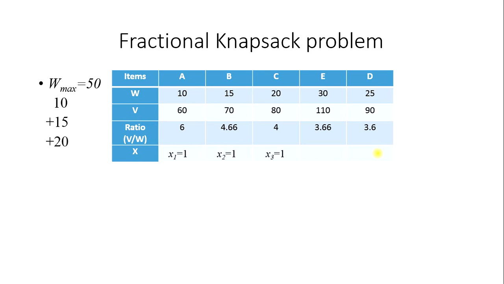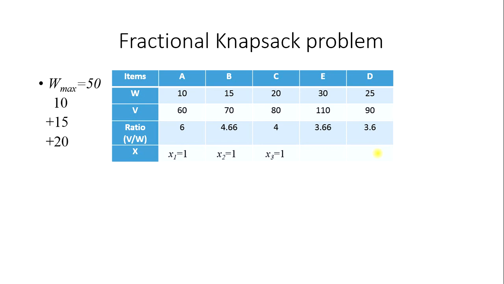Then we come to item E. Item E, 30 kg, can no longer be placed in the bag because the bag is already full with 45 kg. You can only place 5 kg over there. So from 30 kg, we will extract only 5 kg. 5 kg from 30 kg is 1/6 of the portion, right? 5 sixes are 30.